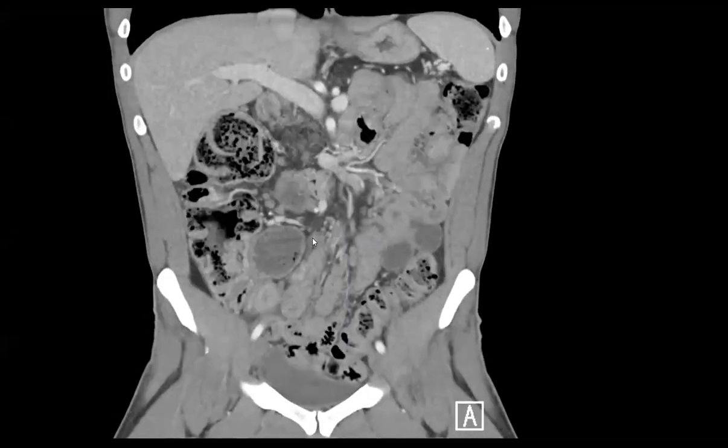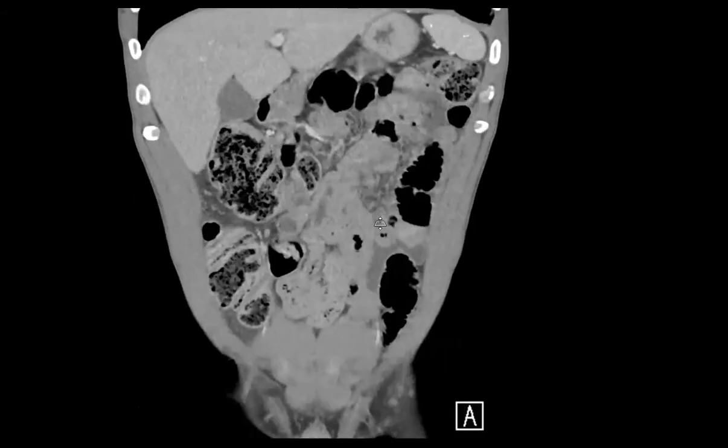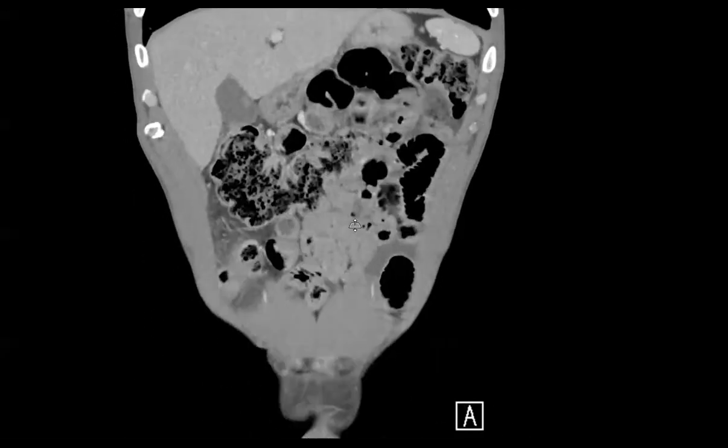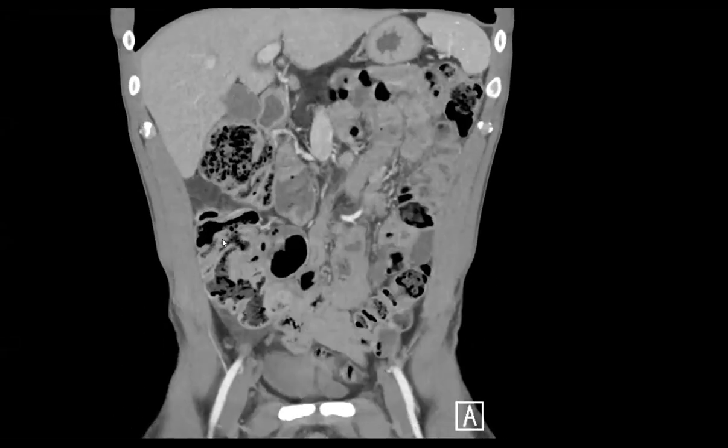That's all because of the slow transit. So we did not call appendicitis or anything acute here. We just called the DIOS. So this is all asymmetric mesenteric fat hypertrophy and fat stranding on the right compared to the left.